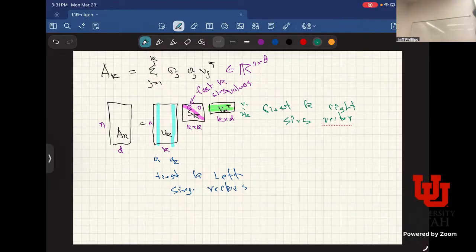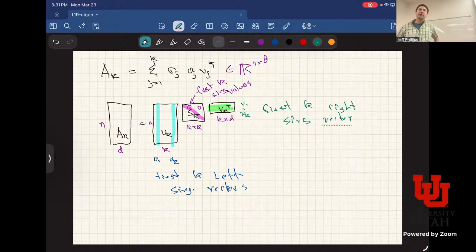If k is less than d, this should be much skinnier than this matrix, right? This one is just k values, and these are only k by d. So this can be a much smaller representation to get back the best rank k approximation. So I can also think of this by trimming these U, S, and V matrices to just the important parts, and then I reconstruct them.